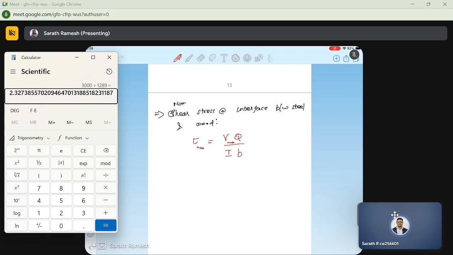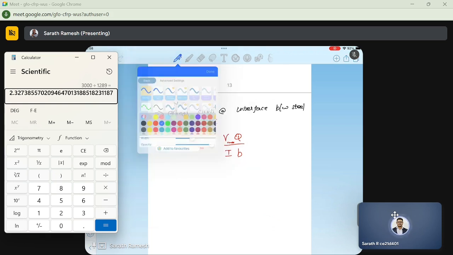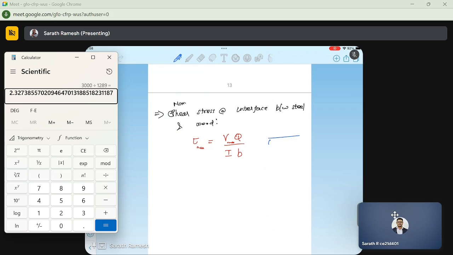What is V max for this case? It's a simply supported beam with a concentrated load at center, so the maximum shear is going to be half of that. The load applied is 20 kilonewton, so half of 20 into 10 to the power 3, which is 10 to the power 4 Newton. What is Q?